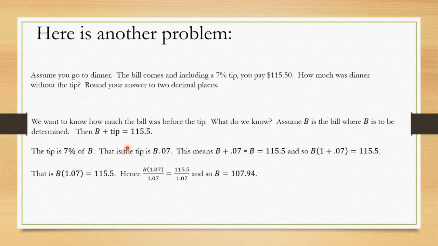So B again is the original bill, and adding on the tip, which is 7%, we get this. But they also tell us the tip is 7% of B. In other words, the tip is 0.07 times B. Okay, that's written poorly. Let me just fix that. There we go. So we're multiplying it.